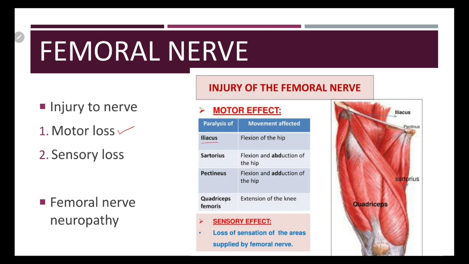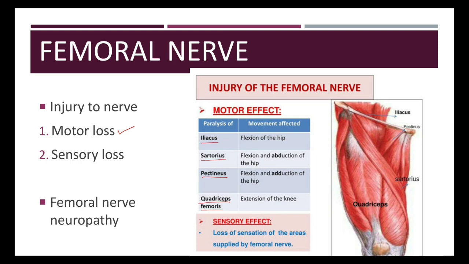Then inability to extend the knee due to paralysis of quadriceps femoris. And then there is paralysis of pectineus, leading to weak flexion and adduction of the hip.